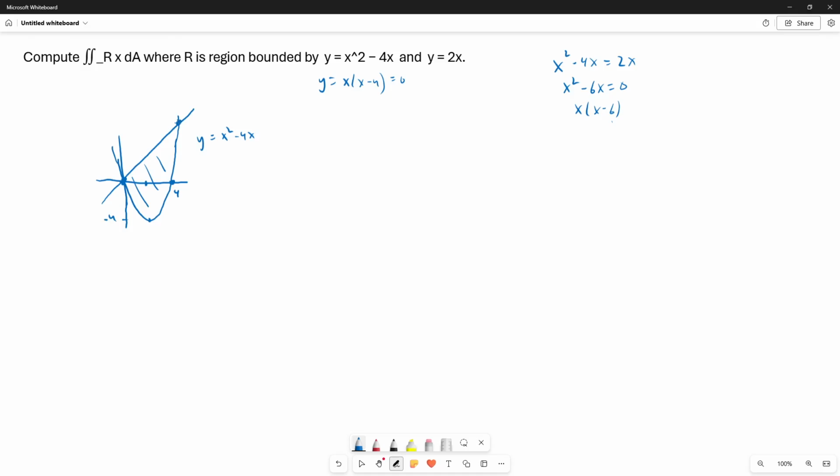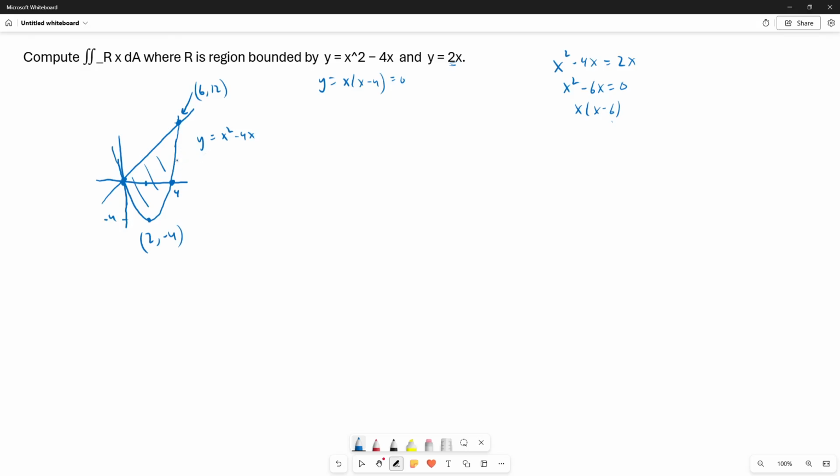So this one has an x coordinate of 6. Plugging 6 into either equation will give us the point. Here it is 6 comma 12, which is a little bit easier. So this is the point 6, 12, and this is the point x is 2 and y is negative 4. This is 4, 0 and 0, 0.